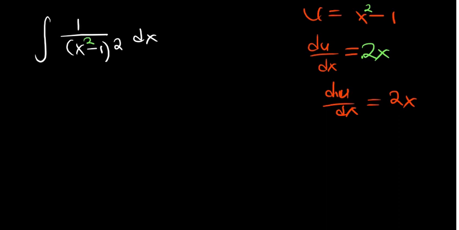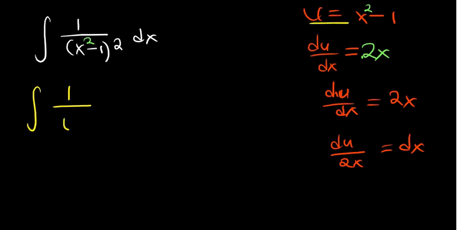And then if you try to make dx the subject, you end up with du over 2x is equal to dx. Okay. So therefore, I have the integral of 1 over, now remember what is in the brackets here is equal to u. So I have u now squared, and then your dx is now du over 2x, right? Okay.